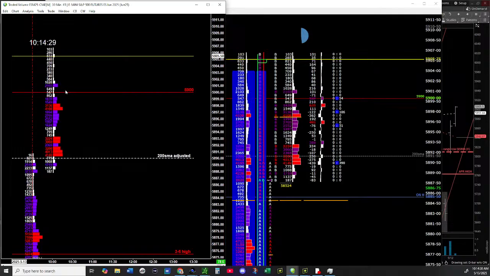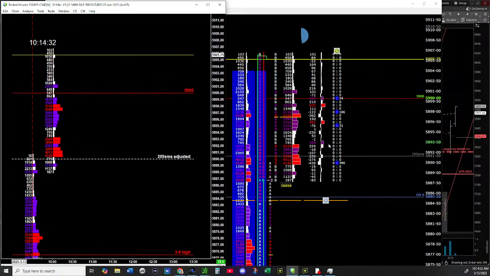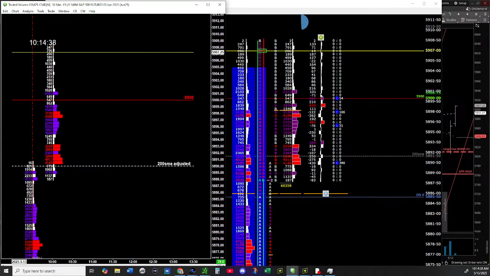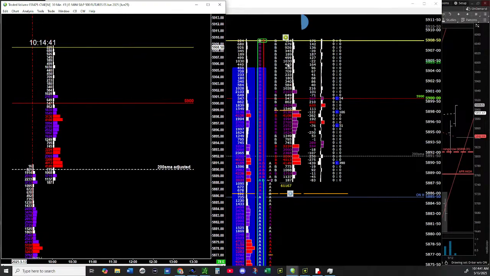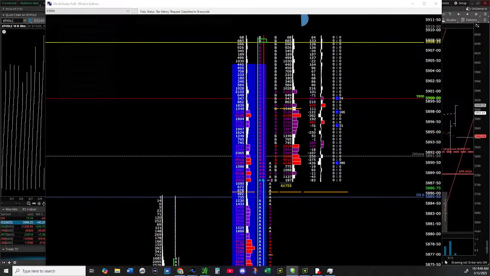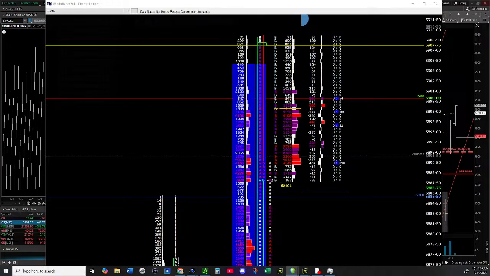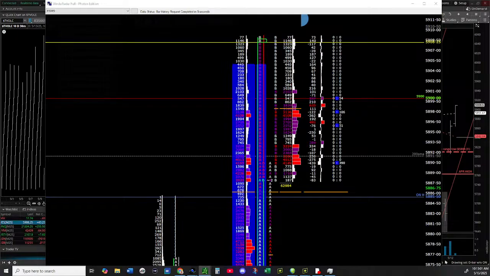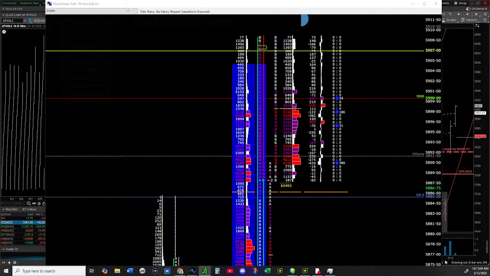Look at that. Really nice. This is Sierra, this is Windows. Look at that, two up there. 13. Do we have a 13? Do I see a 13 there? 5958 or 5950 is the next thing on the upper side.